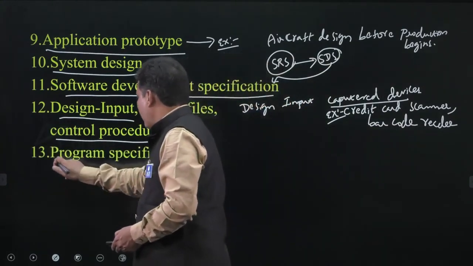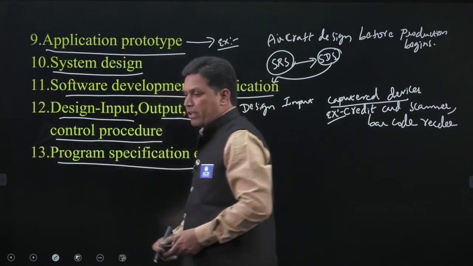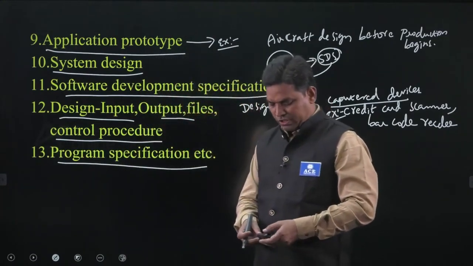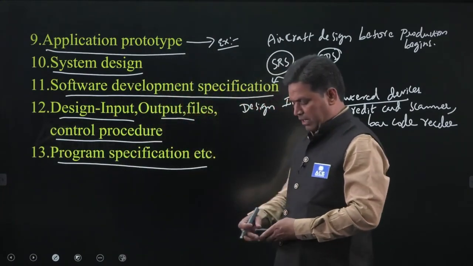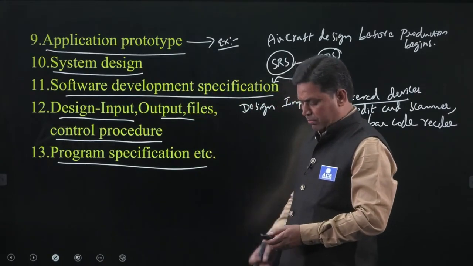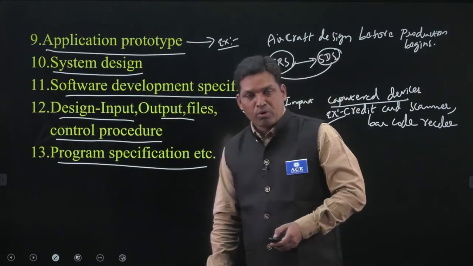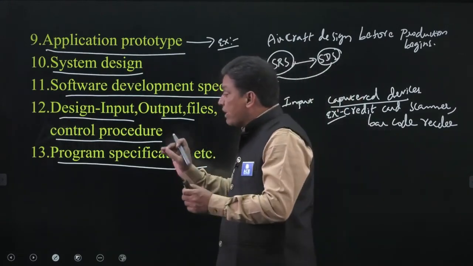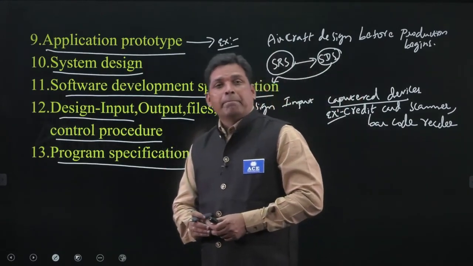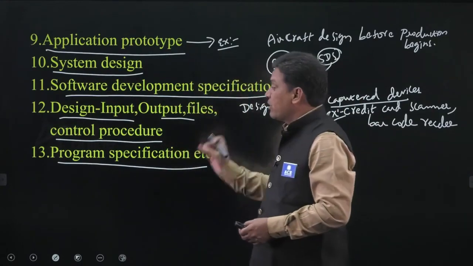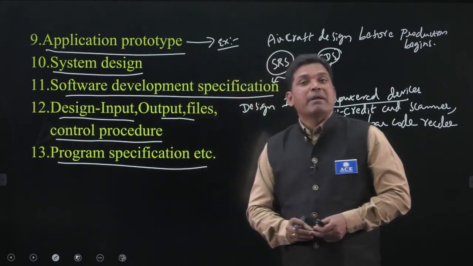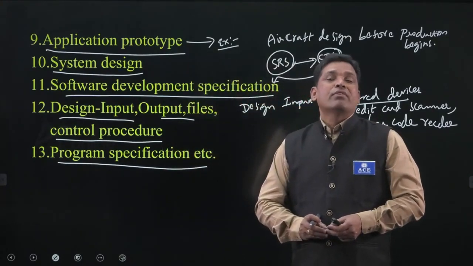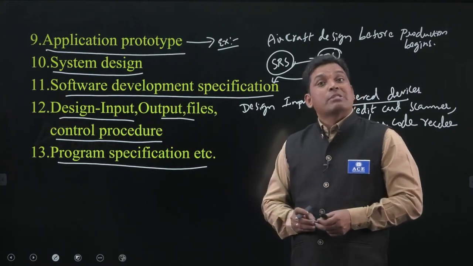Next one is the program specification. What is the importance of this program specification? Before developing any program, a precise statement of efficiency of each individual program is supposed to be specified.